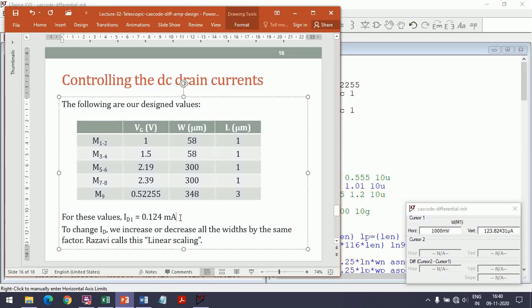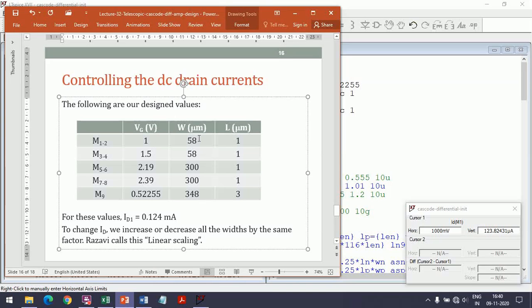It is a property of these circuits that if I keep the ratio of these widths unchanged and change all the widths by the same factor, say I double all the widths, with voltage the same and length the same, then the current will double.